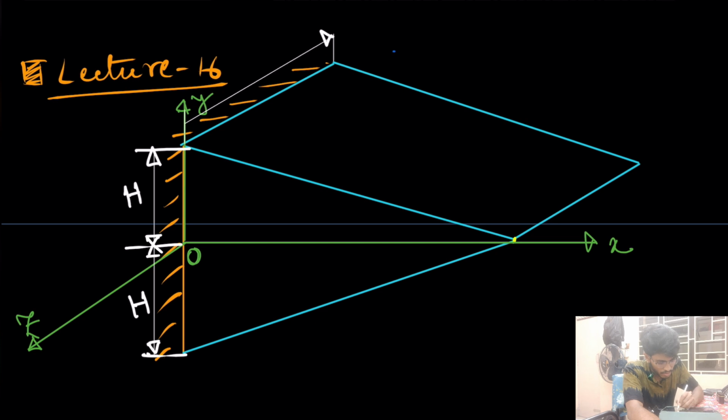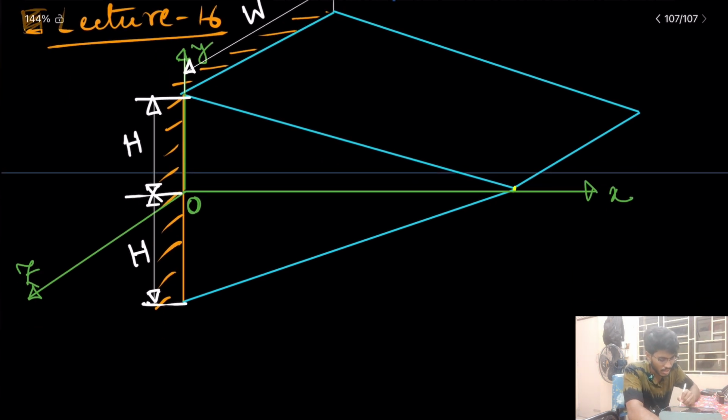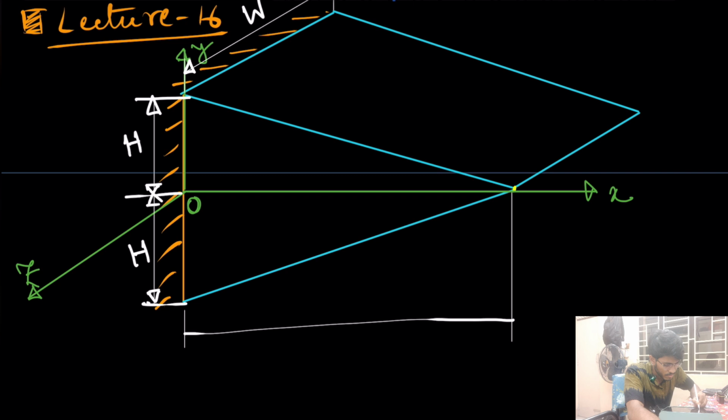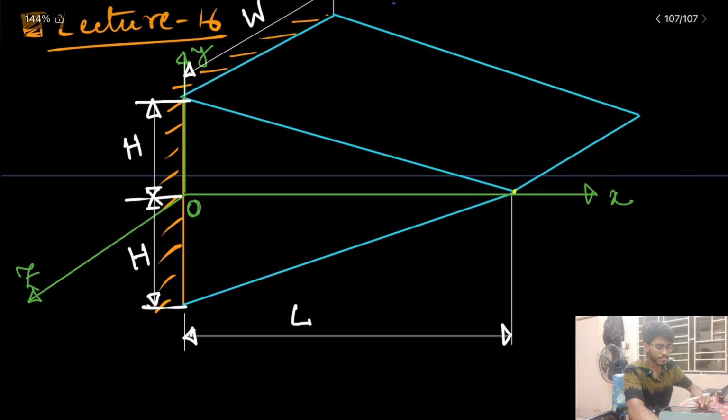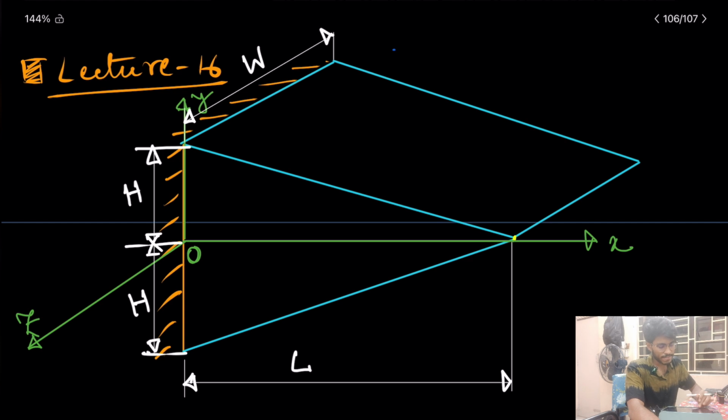This part is the width, let me term it W. Okay, and also we have our length from this to this. This is L. Clear. So this is our fin.